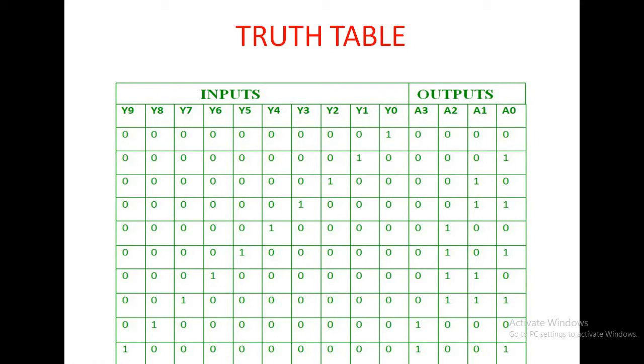And we know that in an encoder at a time only one input is high, which means only one input is 1. So here, first Y0 is 1, the output is 0000, and all the other inputs are 0. The second time, Y1 is active, that means Y1 is 1 and all other inputs are 0.